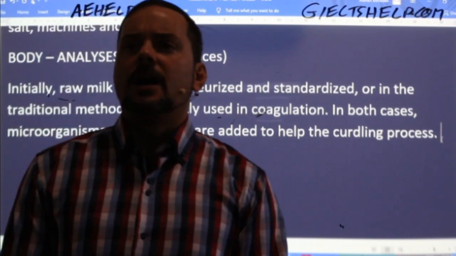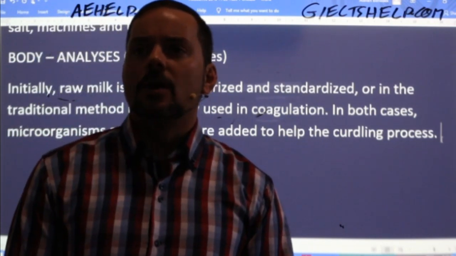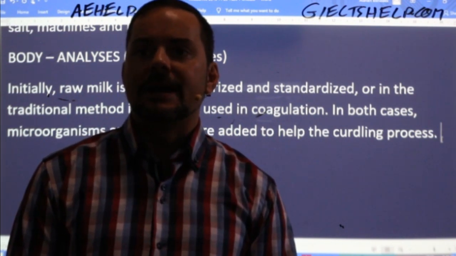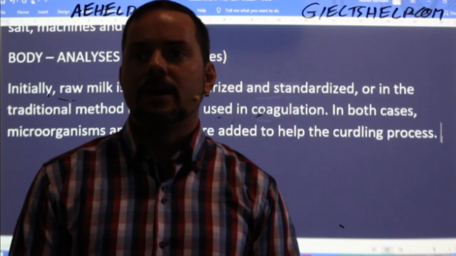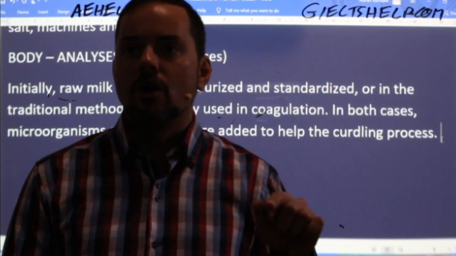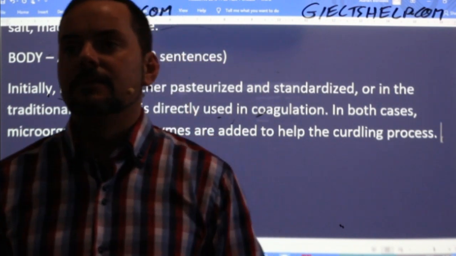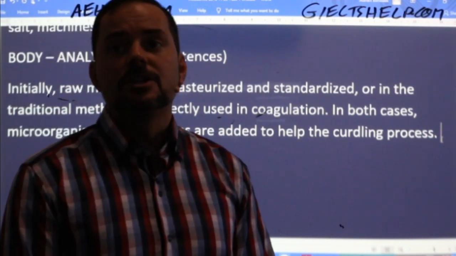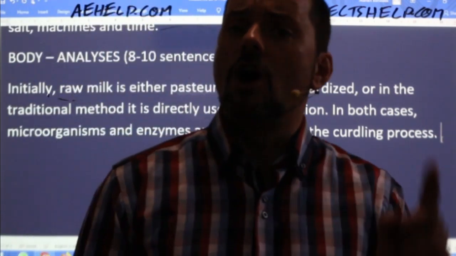All right, Siraj Subedi says, at the onset, raw milk can either be passed through pasteurization followed by filtration, comma, as in most cheese making, comma, or can directly be used in coagulation in the traditional method. Siraj, good. Students, watch your comma use, okay?